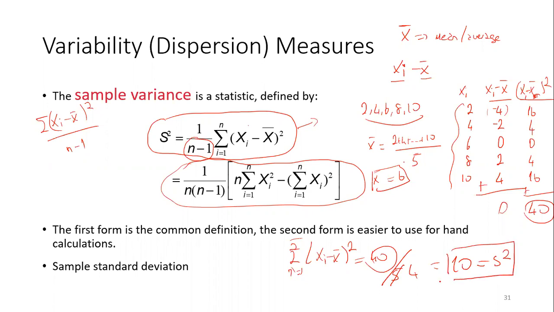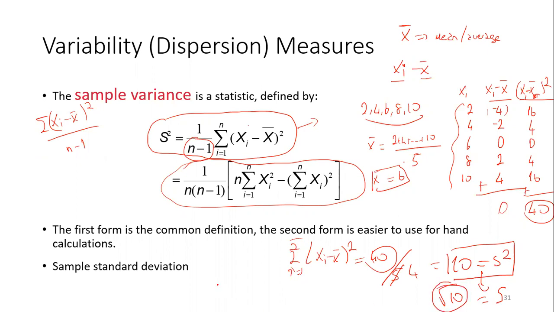Again, what is this? This is the total squared deviation around the center. So what I should do is take the square root of this, which we call S, equal to the square root of 10. That's what we call the standard deviation, the sample standard deviation. The square root of 10 is about 3.3. What does this mean?